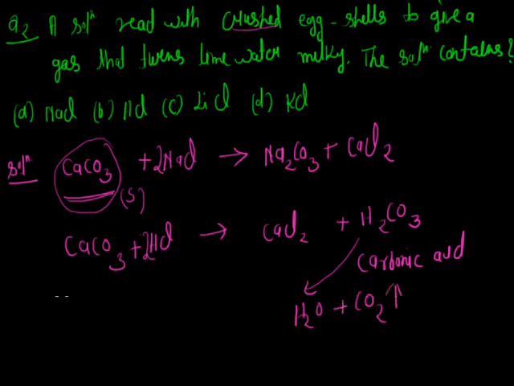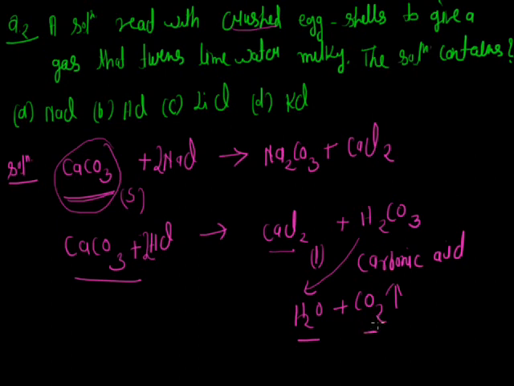So when we react calcium carbonate with HCl, the product is calcium chloride, which is in the liquid phase, and carbonic acid, but carbonic acid readily decomposes and ultimately gives H2O and CO2. So we have these three products: first is calcium chloride, second is H2O, third is CO2 gas.